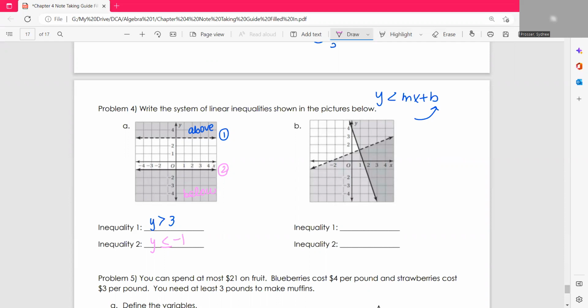Okay, let's check out over here. You got inequality for B. Inequality 1, let's just say, is this one. I'm going to start y. Let's see, I shaded below, so it's going to be less than. It is a dotted line, so it's just less than, not or equal to. And then I start with my y-intercept. My y-intercept is 1, and my slope is rise 1.